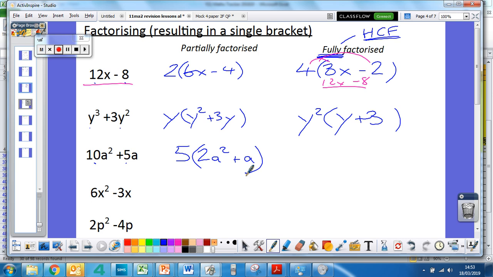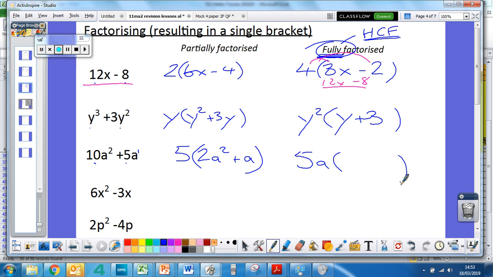You also have to look at the letters, the algebraic parts here, and notice there's an a to the power 2 here and an a to the power 1 there. And the highest power they both have in common is a to the power 1. So to fully factorise it, we need to pull out not just the 5 as the numerical, but also pull out an a. This is fully factorising.